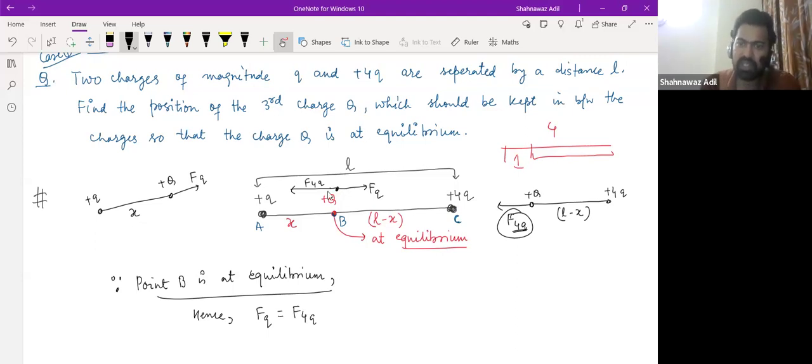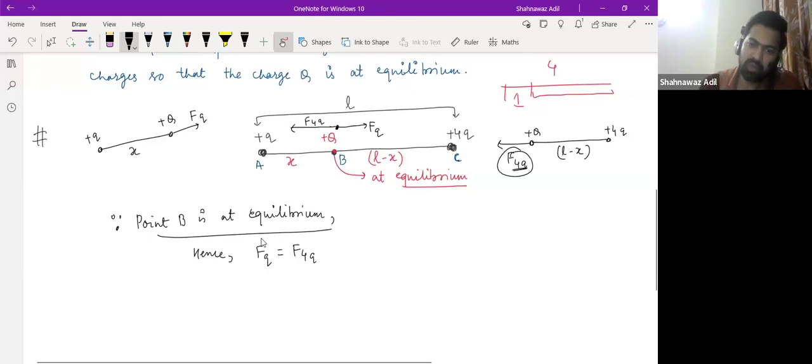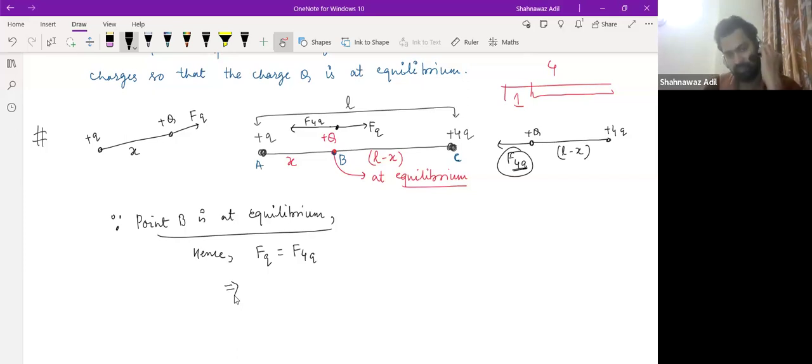If these are equal, then they will cancel each other out, right? Yes, sir. Okay, so can you tell me, using Coulomb's law, what would be FQ? Let me see if you remember Coulomb's law or not.